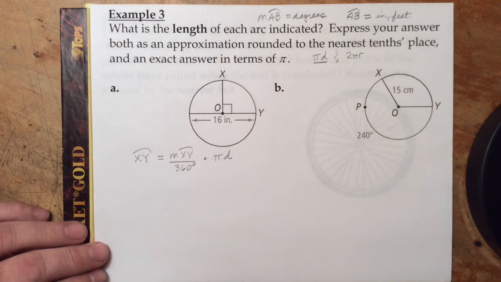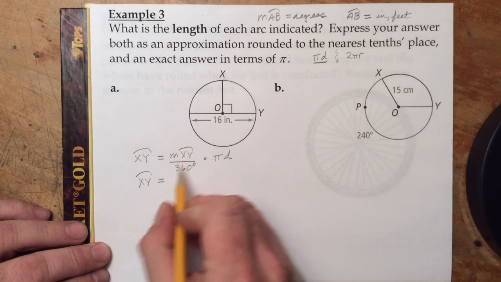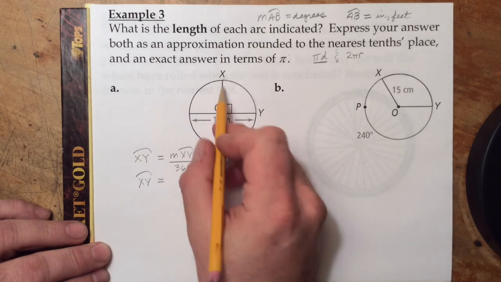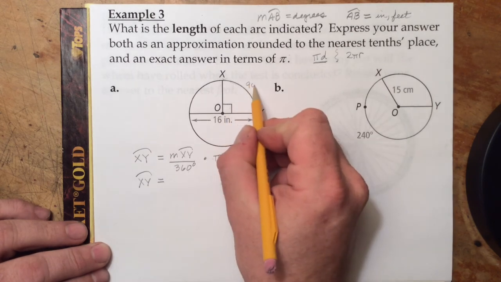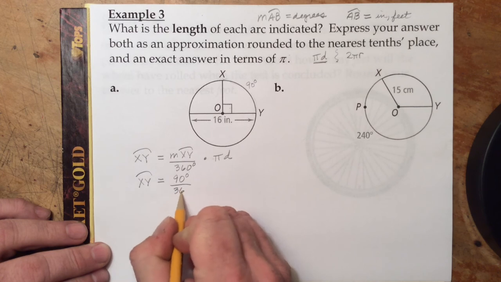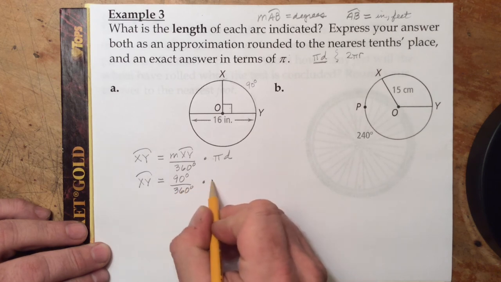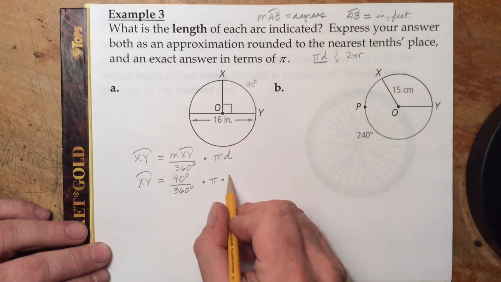At this point, we substitute in what we know. So the length of arc xy is equal to the measure of arc xy, which is the same as the central angle, which is 90 degrees. So 90 degrees over 360 degrees times pi times the diameter, 16 inches.